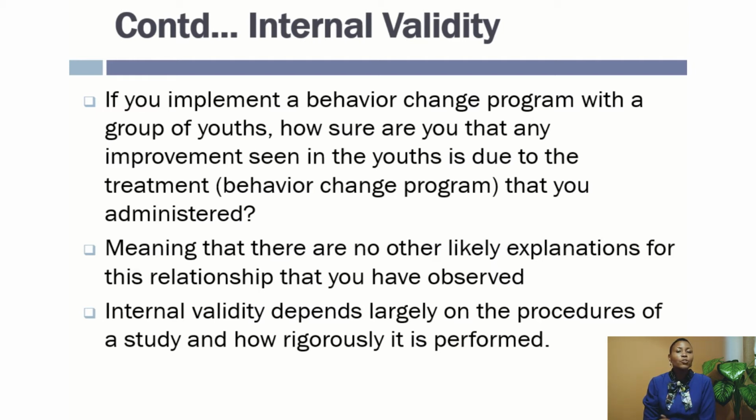So if you cannot be sure that it is your treatment that brought in the change, then that experimental procedure is threatened and its internal validity has been threatened. That's why we are saying internal validity depends largely on the procedures of a study and how rigorously it is performed.